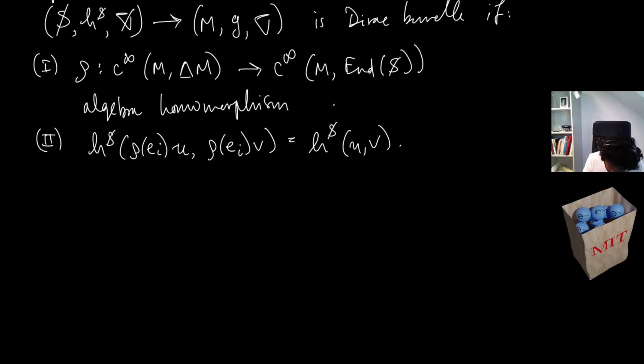Okay. And then the third thing is we want it to interact nicely with the connection. So we have that the connection satisfies the product rule. I'll just slash this, maybe the cleanest way of writing it, of η. These are really covectors, right?